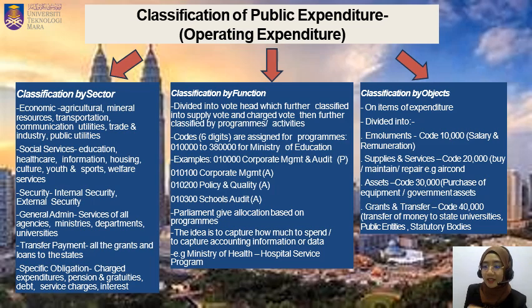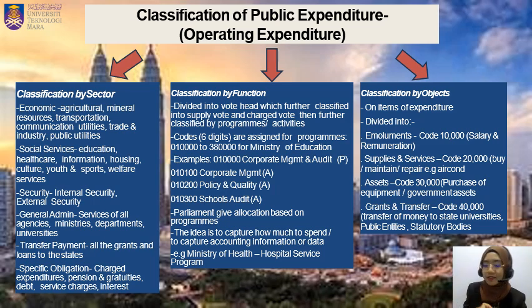So this one is the item itself, the goods itself. And then this is assets, where we purchase government assets, and this is the grants and transfer. So all the transfer money to state universities, public entities or public organizations or statutory bodies. And actually I already distributed to you on WhatsApp all the listing items that are considered under grants.